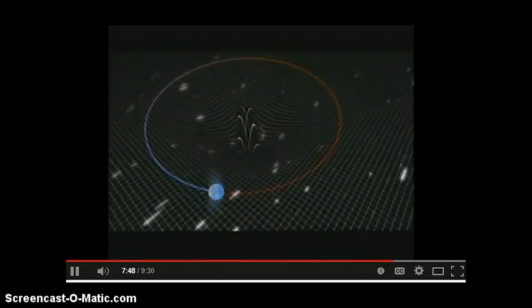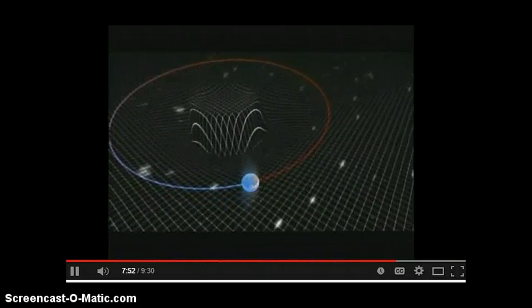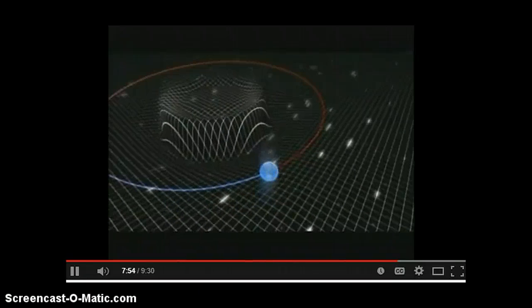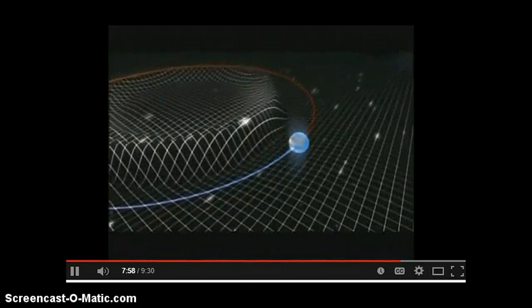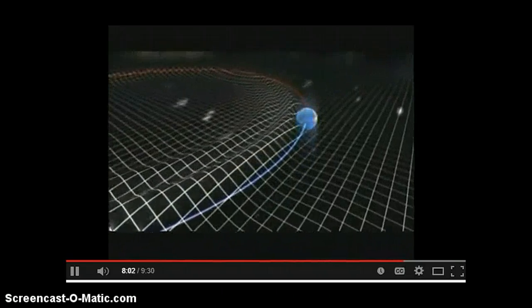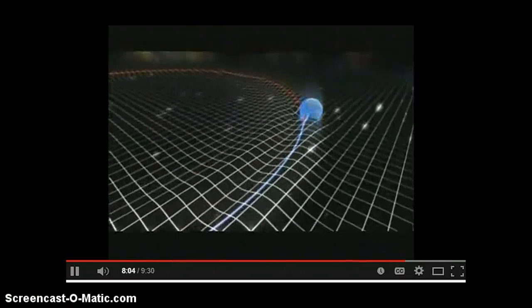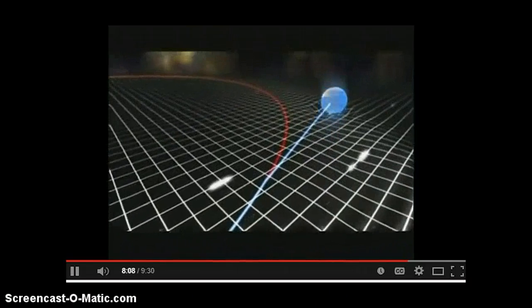The gravitational disturbance that results will form a wave that travels across the spatial fabric in much the same way that a pebble dropped into a pond makes ripples that travel across the surface of the water. So we wouldn't feel a change in our orbit around the sun until this wave reached the Earth.